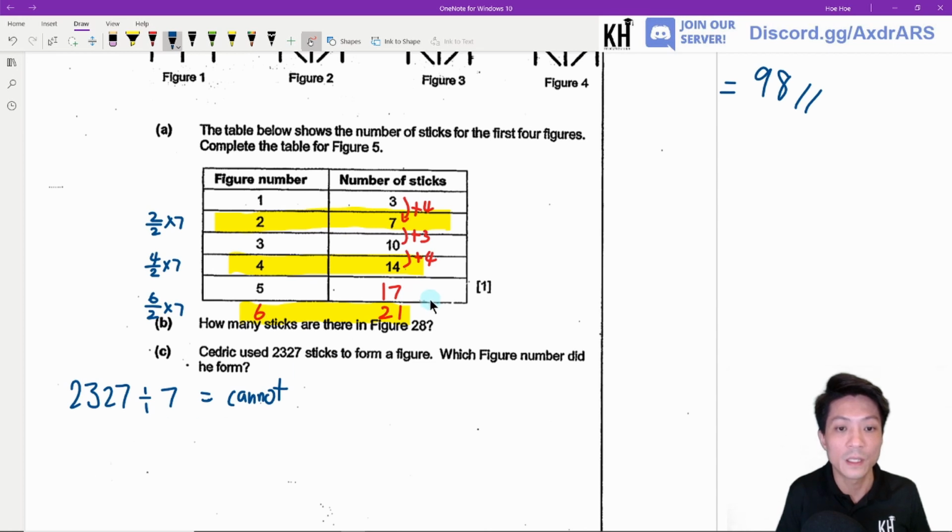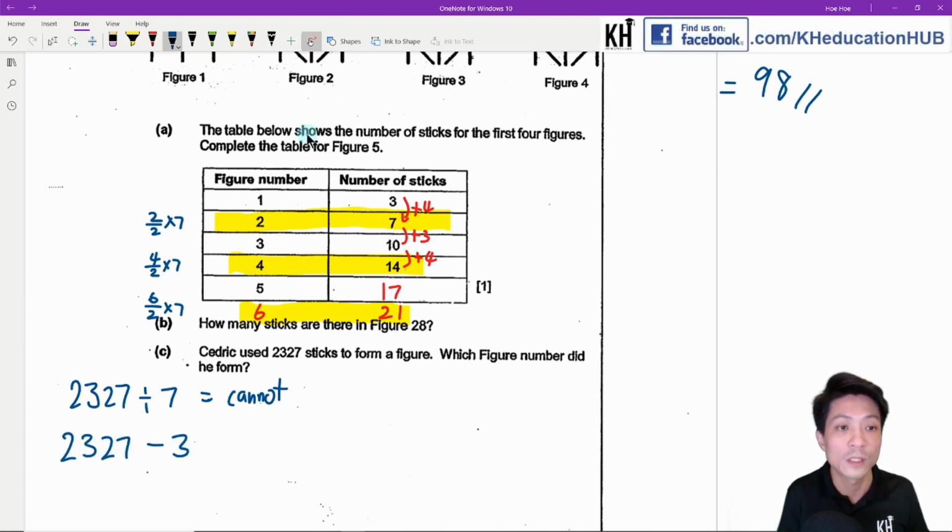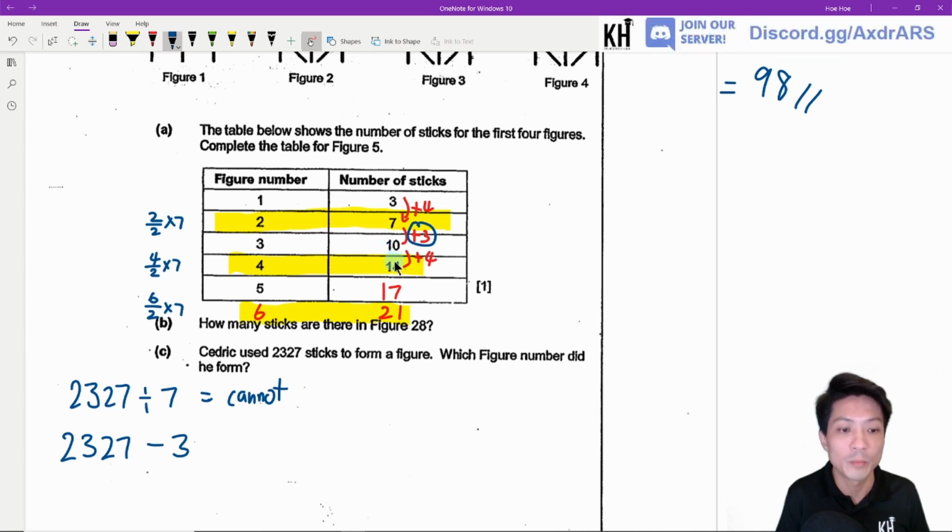Okay, so if it cannot be divided by 7, to find the previous number, we need to minus a 3 from it. So 2,327. First, I need to minus a 3 because if you look at the pattern here, it's always a plus 3. Okay, so this can be either before or after.